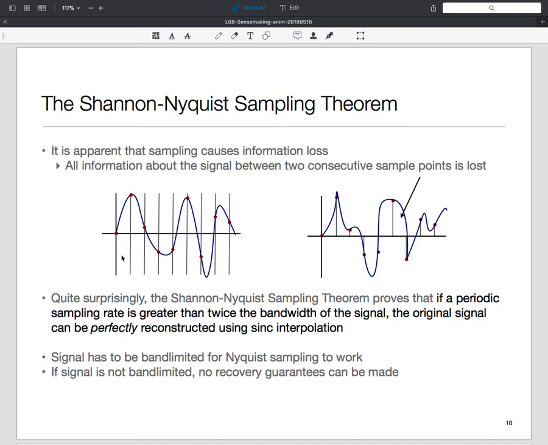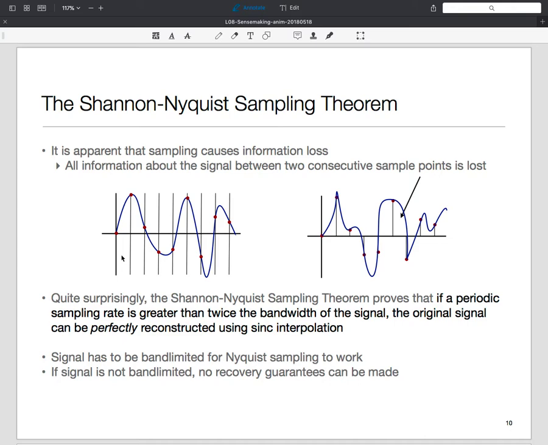If the signal bandwidth is limited, that is, it has a max frequency, so that if I were to take the Fourier transform of the signal there would be no frequency content beyond that f max, then if I sample at twice that f max, I can reconstruct the signal back perfectly. There exists an interpolation mechanism which can give the original waveform back.